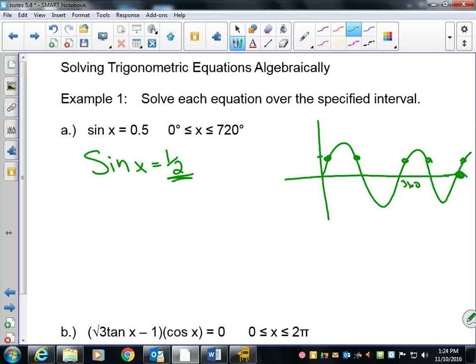So this is 30, and that's what, 60? And then to do a whole cycle again, it's 360 plus 30, it's 390. And 60 plus 360.